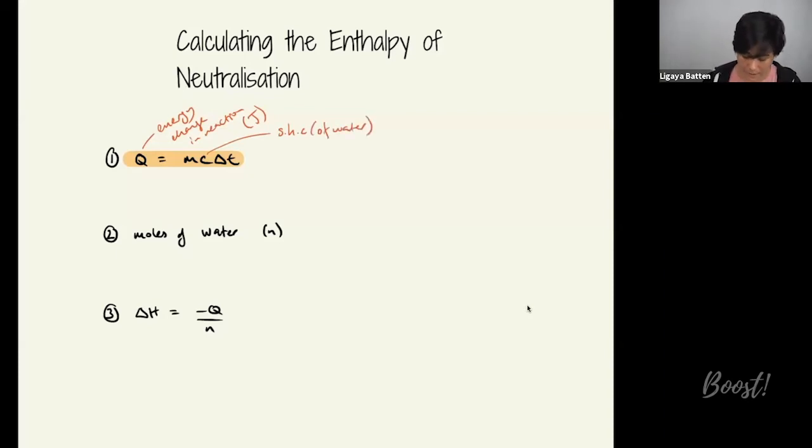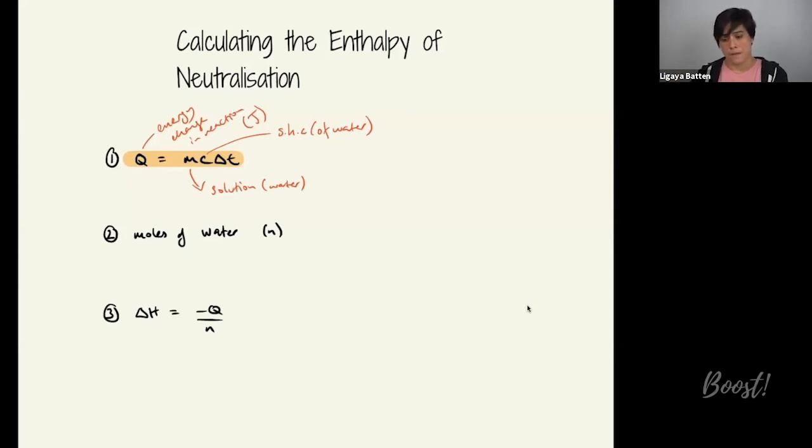And the thing where people often go wrong is this mass. So M stands for mass. And in this case, we want the mass of the solution. Or if we're talking about the temperature change and assuming that it's the same as for water, we're talking about the mass of water.